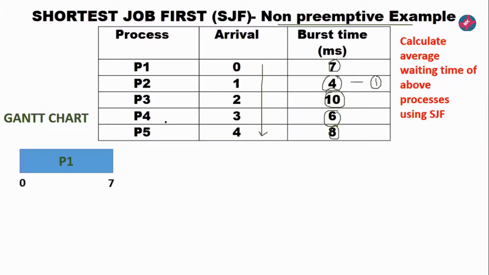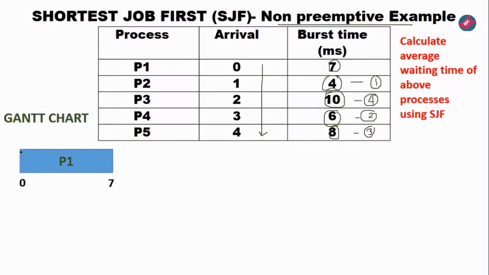The second one is P4, because it has 6 milliseconds as the burst time. Then P5 will be the third job, and the last one to be executed will be the fourth one, P3. In this sequence the Gantt chart will proceed.